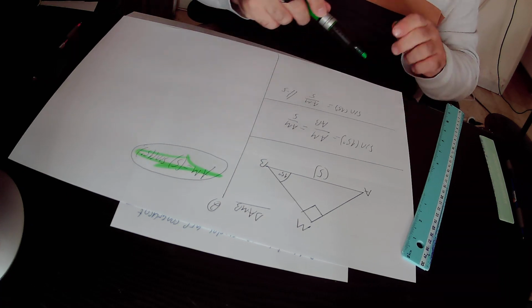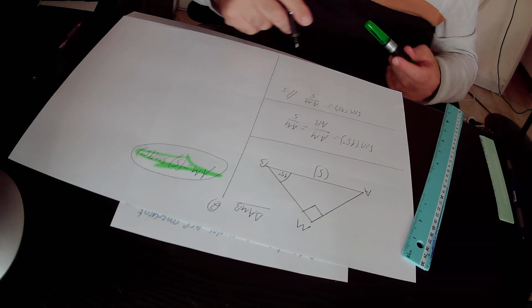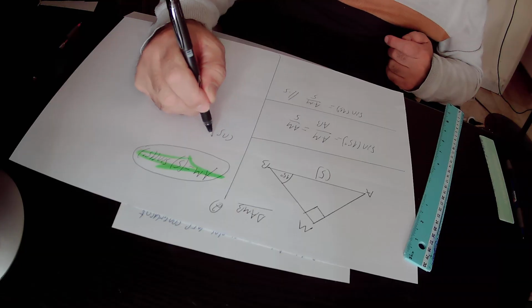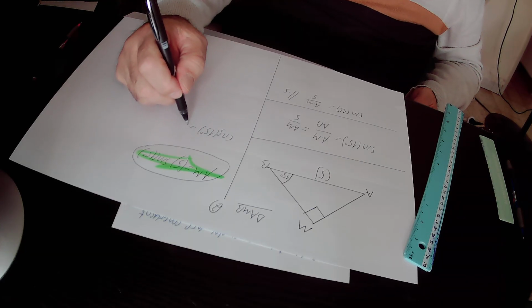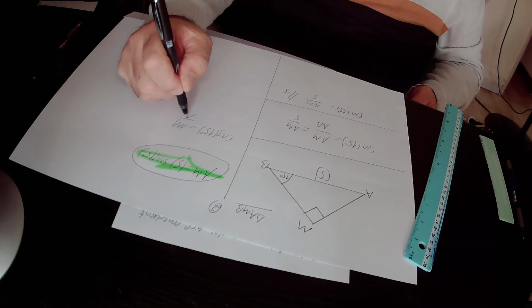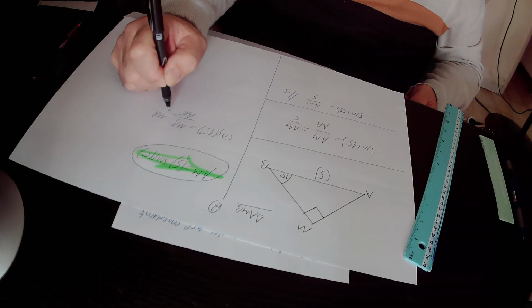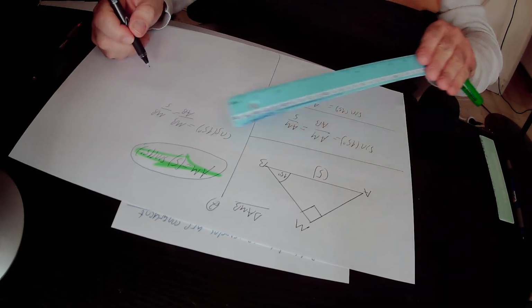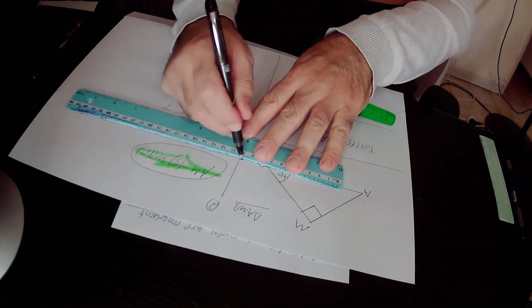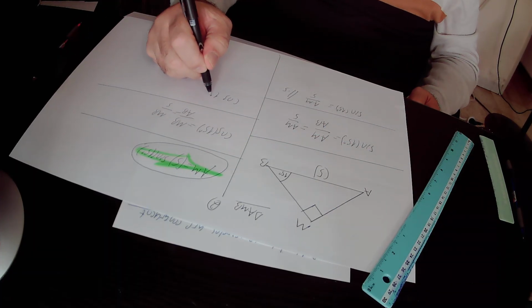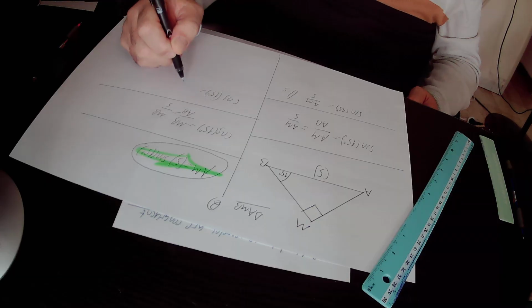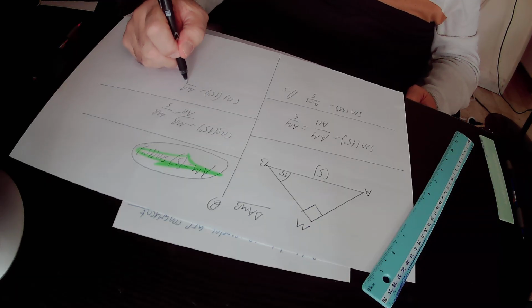So in this right triangle A and B, cosine 15 degrees equals MB over AB. AB is 5. So in total, we found out that cosine 15 degrees equals MB over 5.